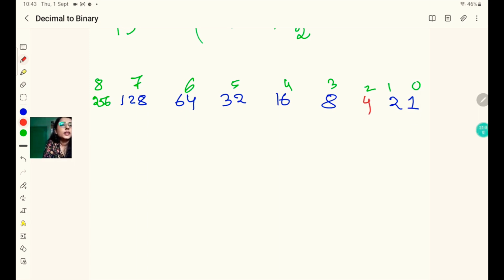One more. Suppose this one: add 32, 16, 8, 4, 2, 1. What do we get? 63. Plus 1, we get 64. So what is the most interesting tip from this part?